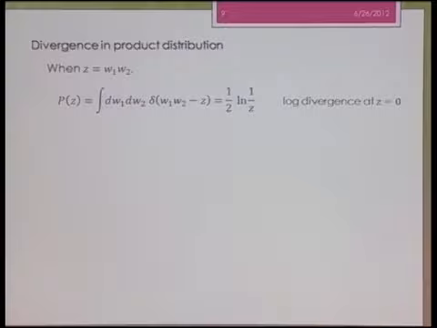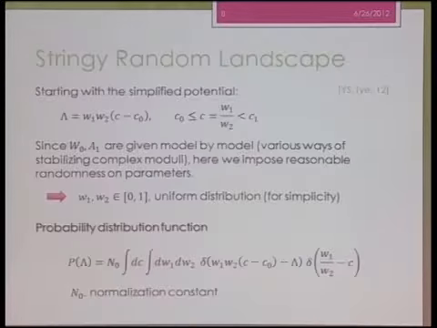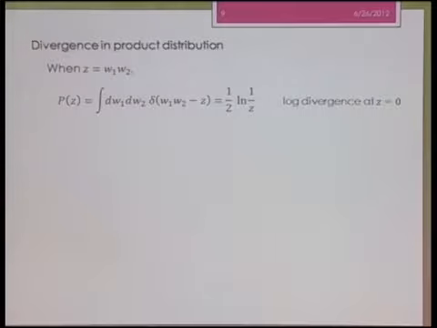So let's calculate. But before doing the full analysis, let me just state the key fact of this product distribution calculation. If we neglect the constant part C, then let's define Z as just a product of the random variables.